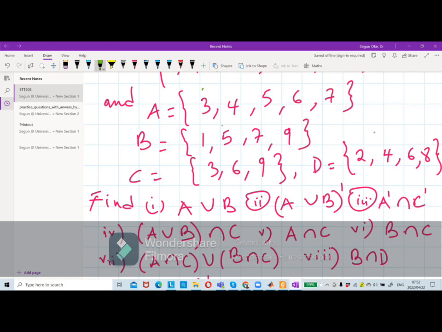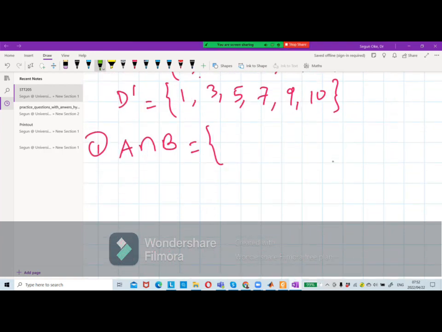No. We have 5 here. Do we have 5 in A? Yes. We have 7 here. Do we have 7? Yes. We have 9 here. Do we have 9? No. So we have 5 and 7, the common elements. We put them in a bracket: 5, 7. So I've changed the order now. A union B.